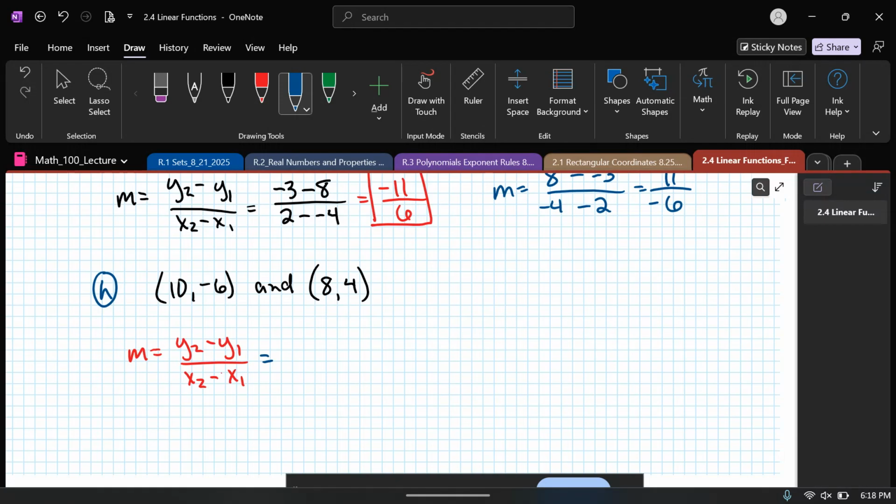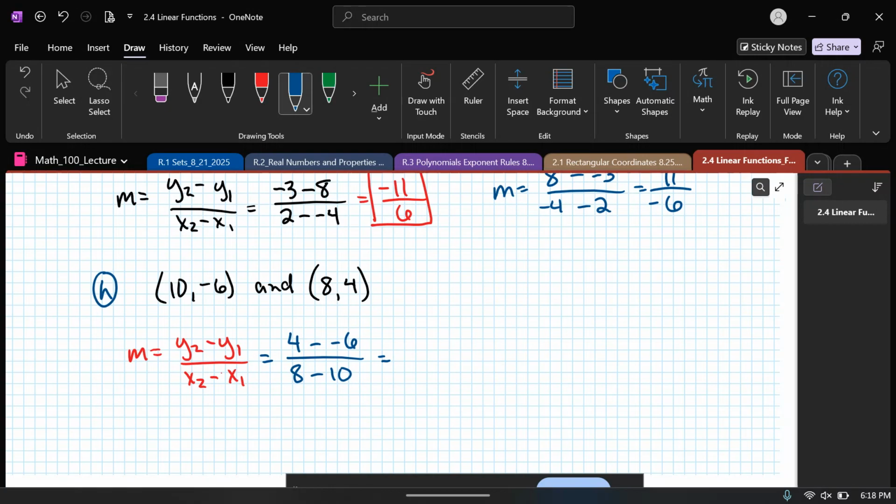You need to know it. So pick whichever y value you want to start with. I'm going to start with the 4. 4 minus -6 over, because I started with the 4, I have to start with the 8 on the bottom. Make sure they're together up and down. And then, so the 8 minus 10.